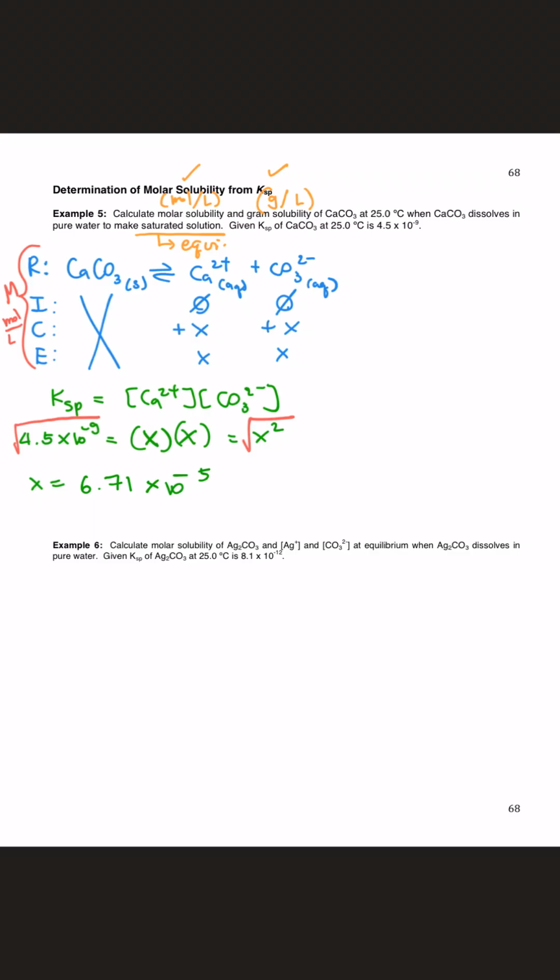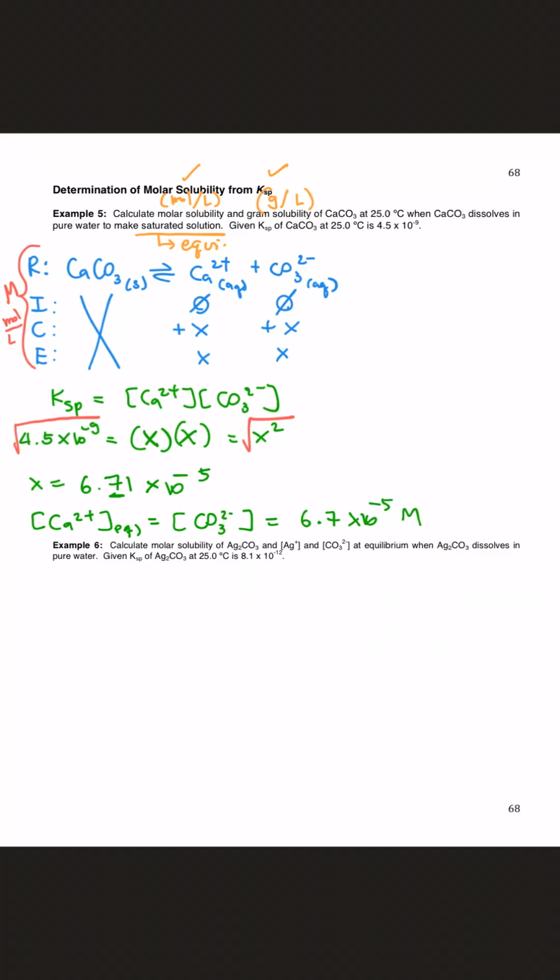This calculation should contain two significant figures at the end, and X is equal to the concentration of calcium ions and carbonate ions at equilibrium. Therefore, the concentration of calcium ions at equilibrium would be the same as the concentration of carbonate ions at equilibrium, which is equal to 6.7 times 10 to the negative 5 molar.